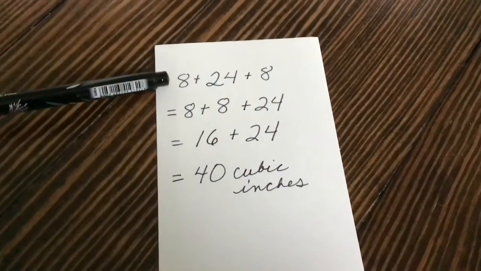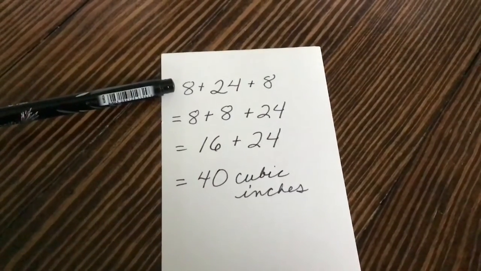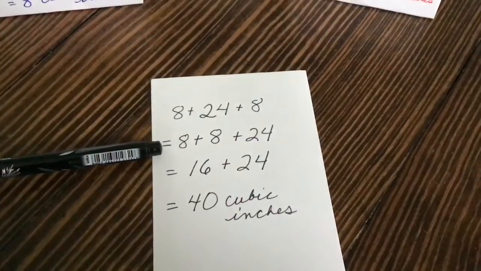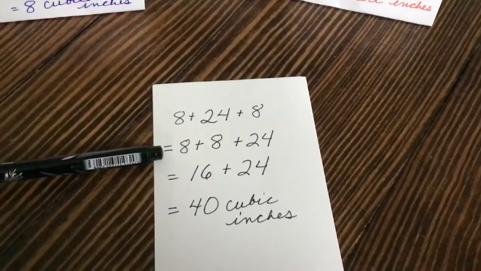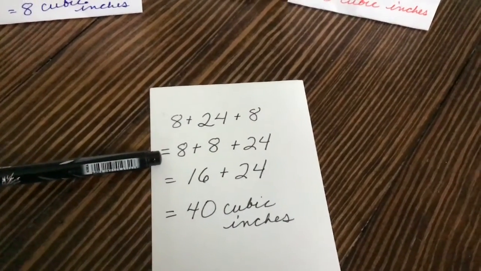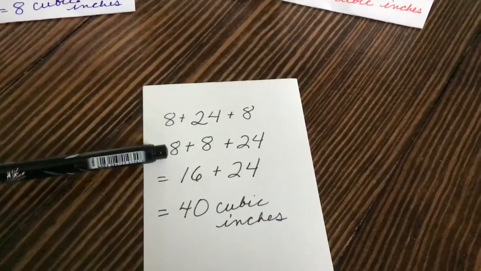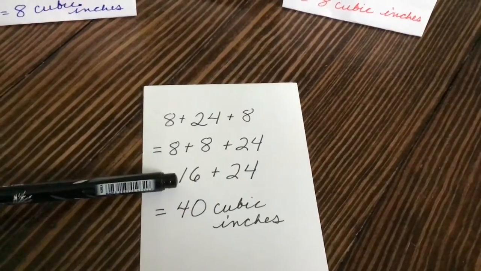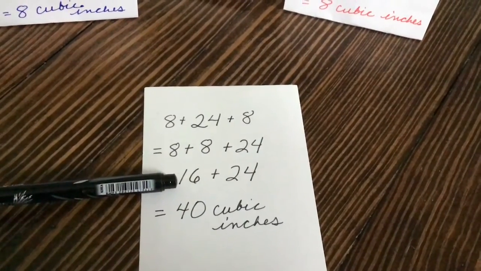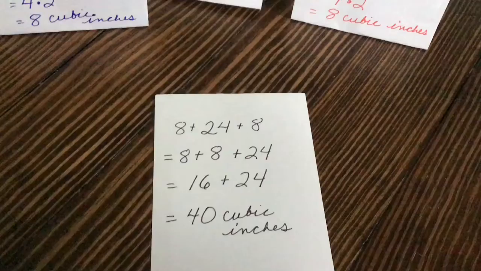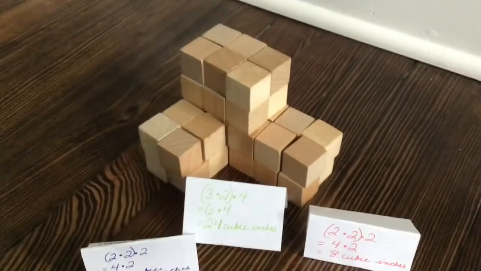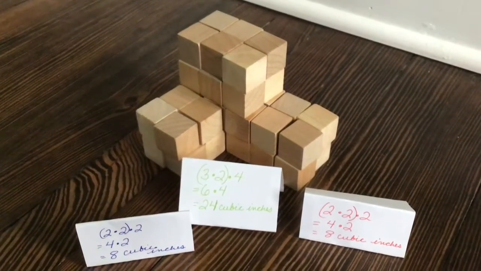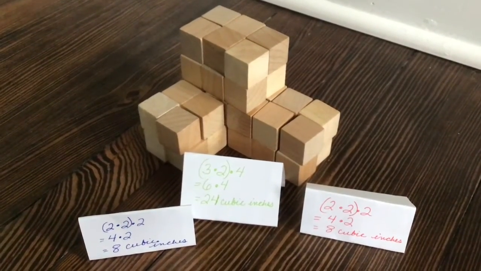So 8 plus 24 plus 8, I decided to use the commutative property of addition to move the addends around, because I wanted to put the 8 and 8 together, because I know that 8 plus 8 equals 16. So 16 plus 24 is 40 cubic inches. This composed figure is 40 cubic inches.